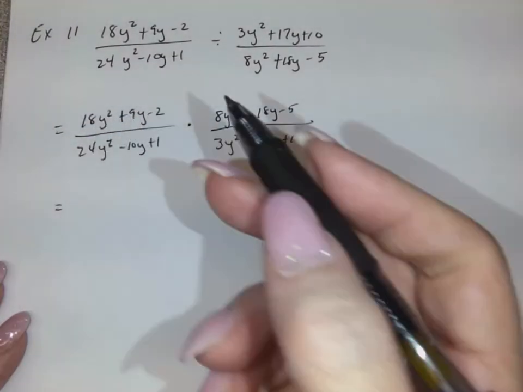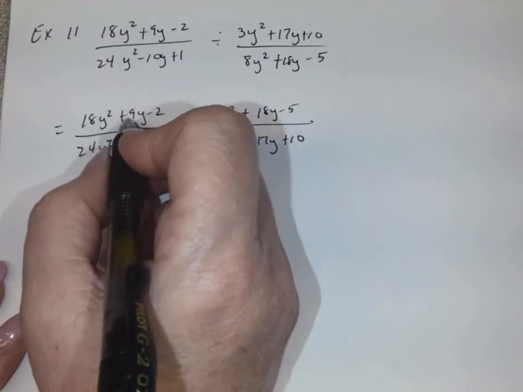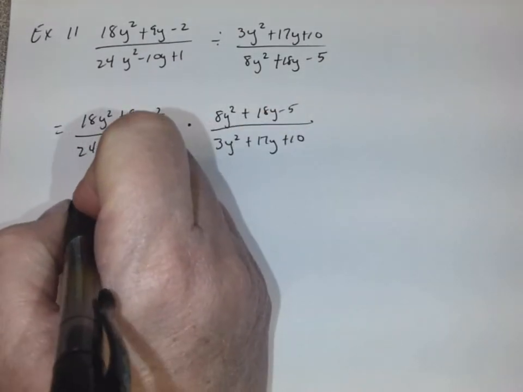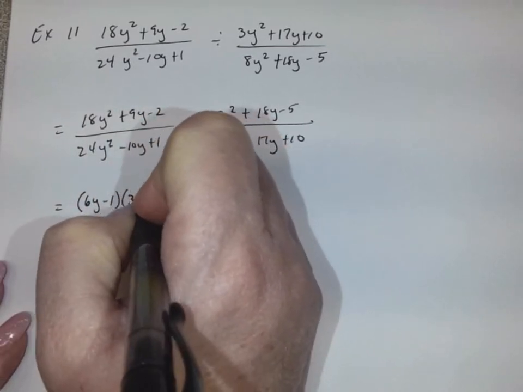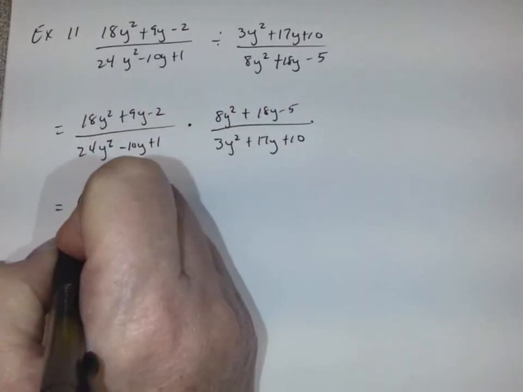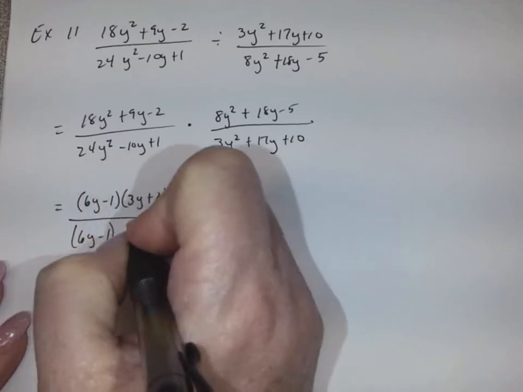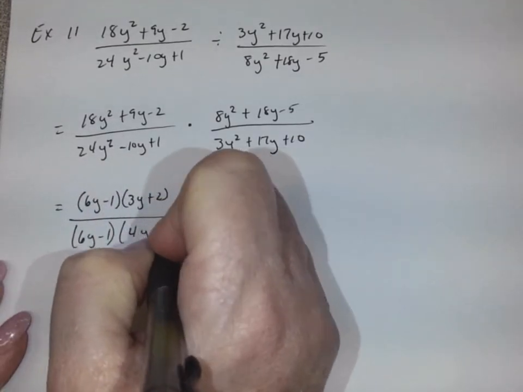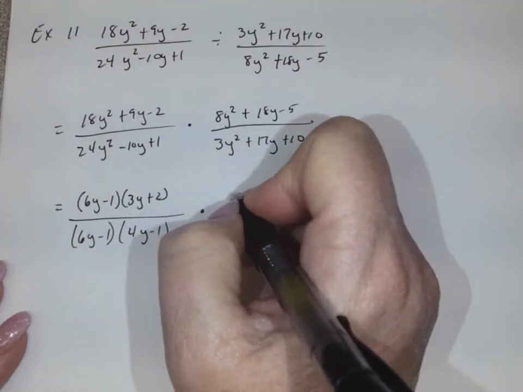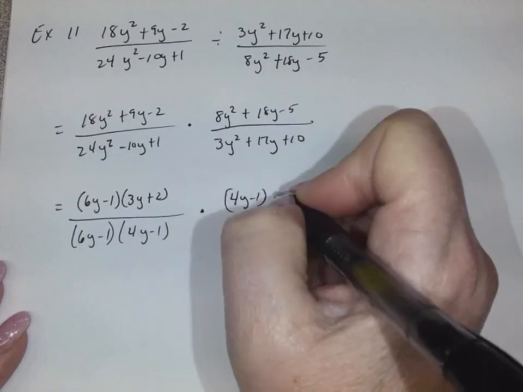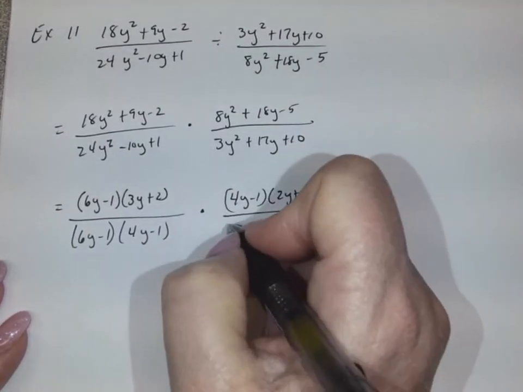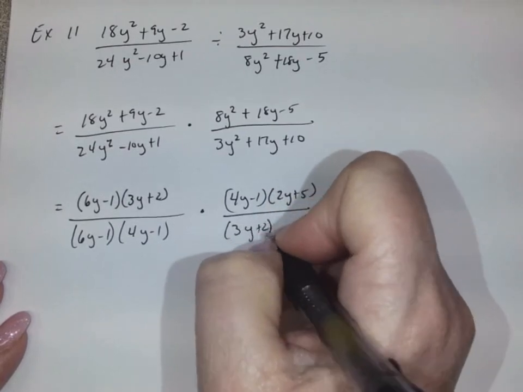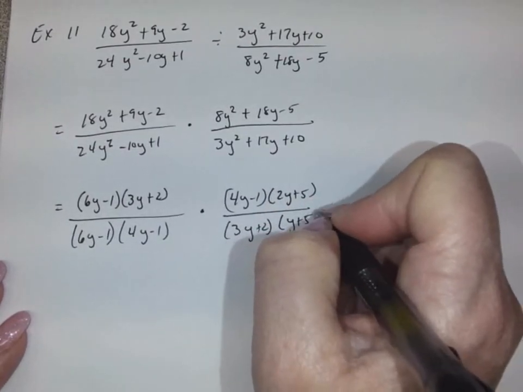The top one over here, the 18y squared plus 9y minus 2, will factor to be 6y minus 1 times 3y plus 2, over 6y minus 1 times 4y minus 1, times 4y minus 1 times 2y plus 5 over 3y plus 2 times y plus 5.